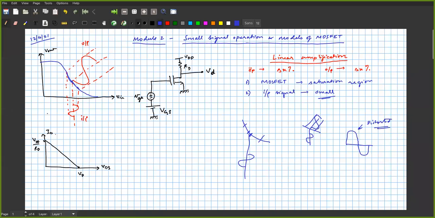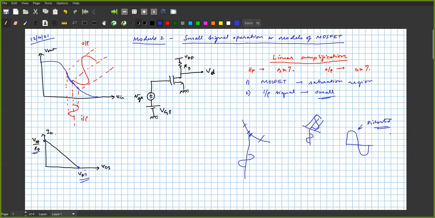We want to actually avoid this. This is the first thing. The second thing is, if I give a large signal, this is VDD. The input might exceed this VDD value at the x-axis and this VDD by RD at the y-axis.